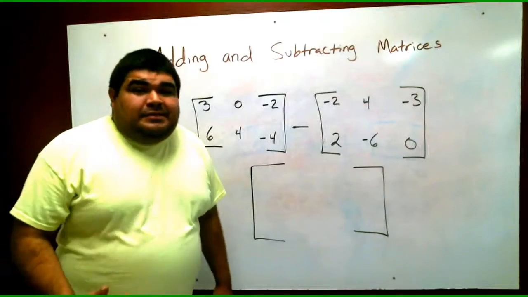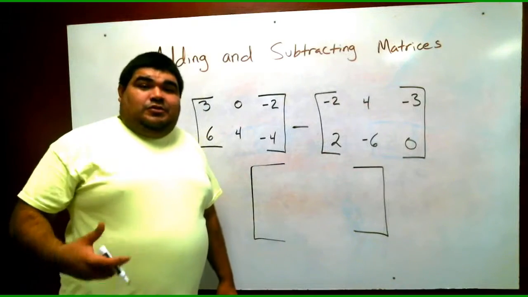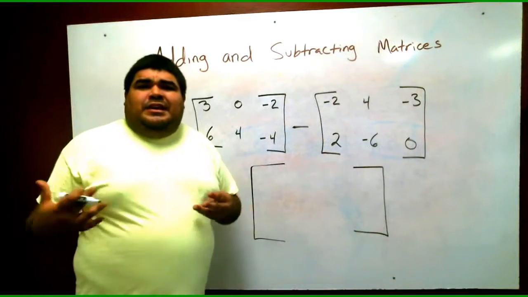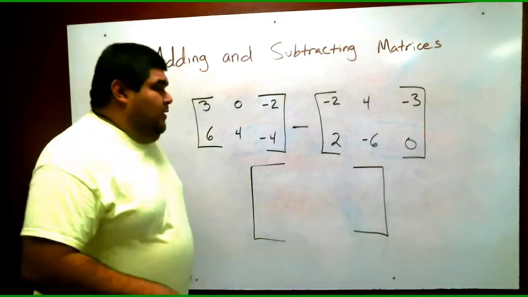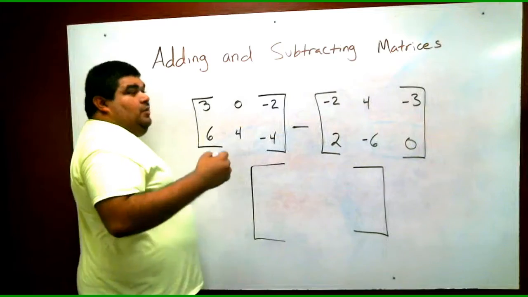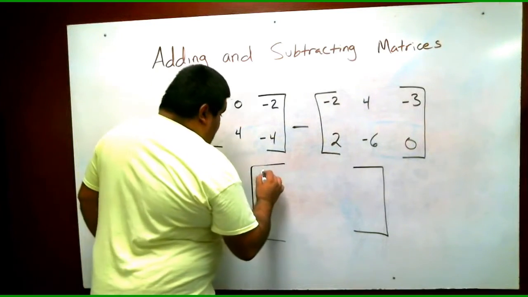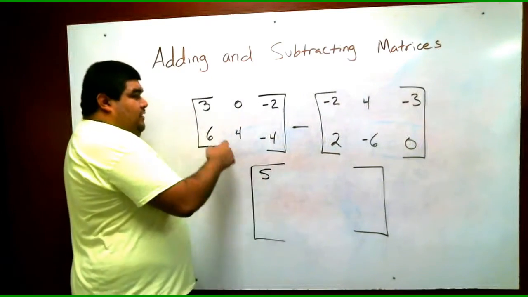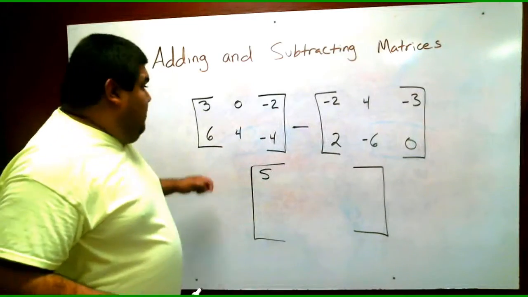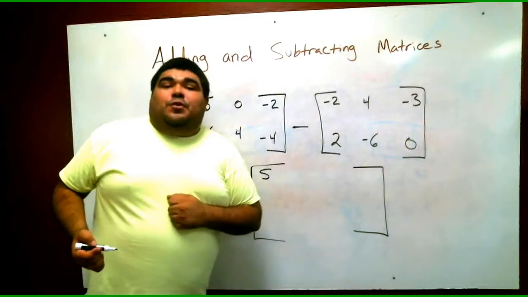When that happens, they cancel each other out, so it becomes a positive. It's like in a sentence, when we have double negatives, it becomes positive. So we have 3 plus 2 equals 5. Notice that I put it on the corner, right? Because that's where our answer goes, because we're combining the two upper left corner ones.